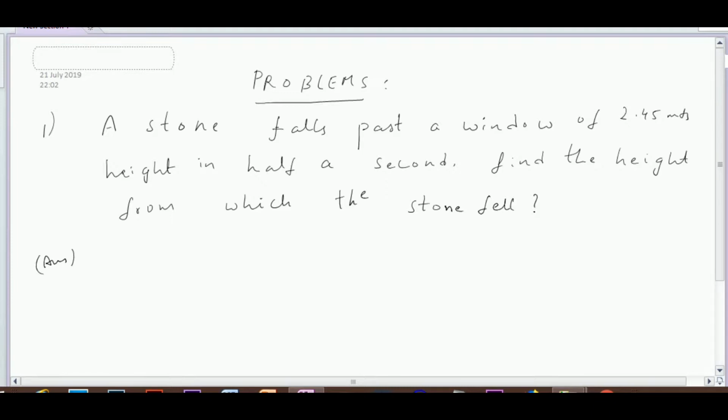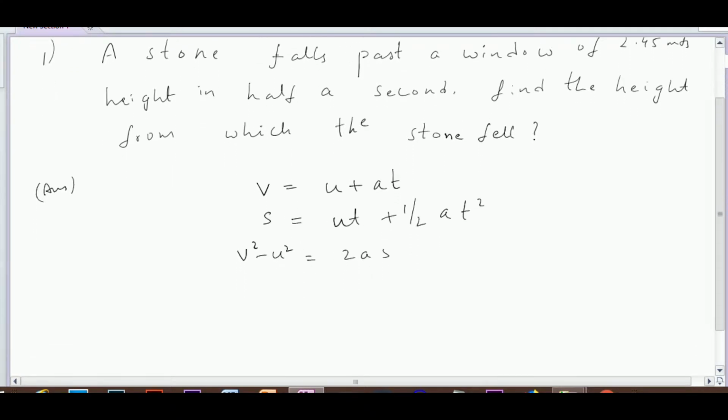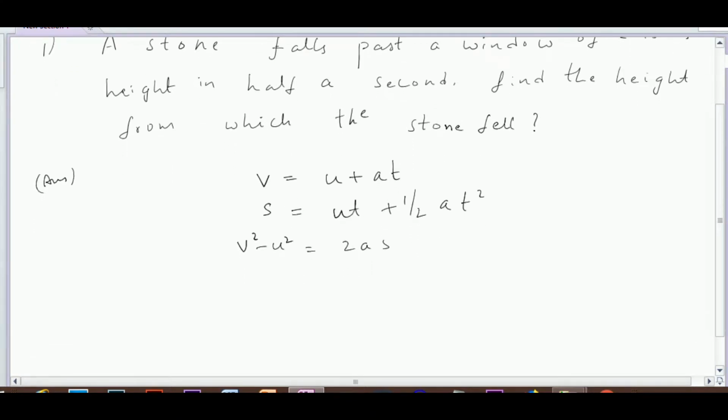Let me write those here. v is equal to u plus at, s is equal to ut plus half at square, and v square minus u square is equal to 2as. In the place of a, everywhere in the problem we are going to use g, because the stone is falling downwards, that is towards the earth, and the gravity is also towards the earth. a is equal to plus g.